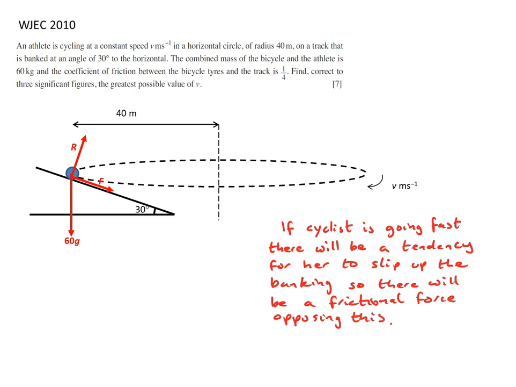So we've got the forces acting on the particle on the diagram, and we finally need to add the acceleration, and again in this question we'll use the v squared over r format because the question is asking us for the greatest possible speed. So we've got acceleration of v squared over r towards the centre of the circle.